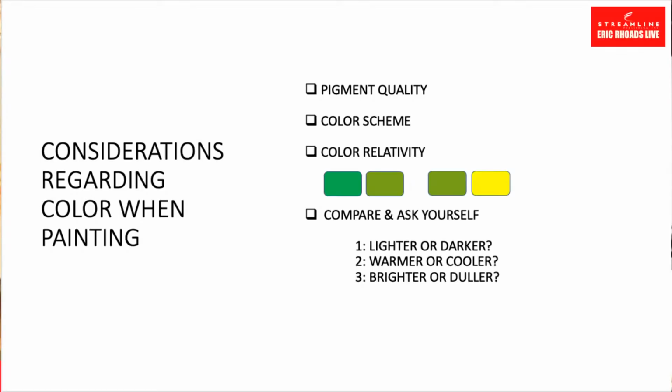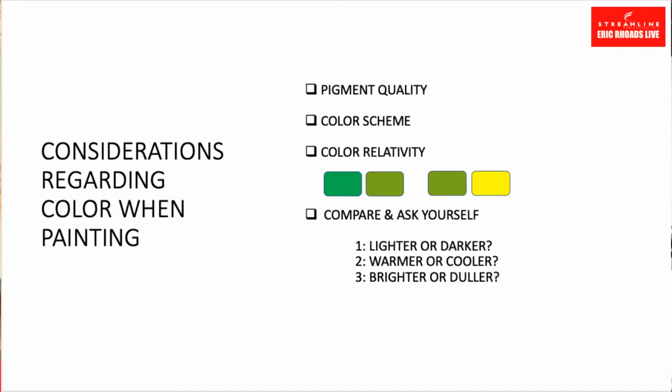Use whatever palette you're using for a while so you begin to understand how they behave when you mix them. If you're going to plan a color scheme, that's great. I think it's really helpful to do that. If you're painting a green scene, for example, that's a lot of green. Sometimes a little touch of a complement red will help that. So consider the color scheme.